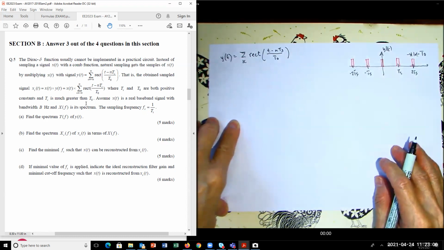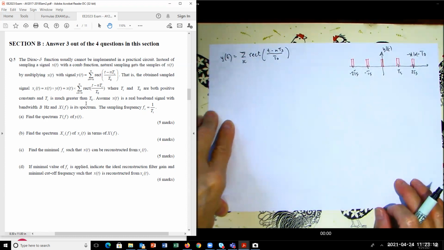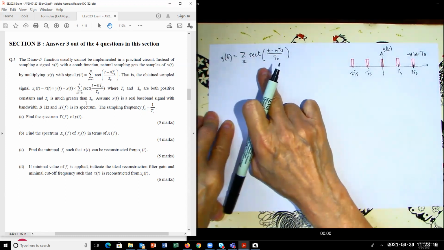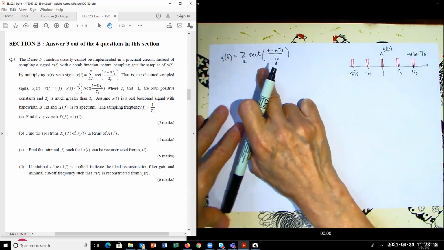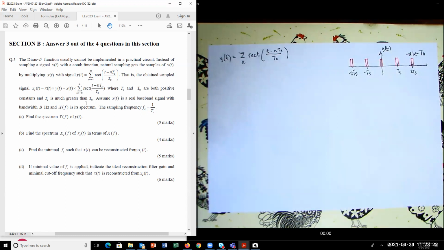So we are required to find the spectrum of y. What we do is use the concept of a generating function. We have a rect of width t0 and we replicate it. What do we mean by replicate it? It means you convolve with a comb function.